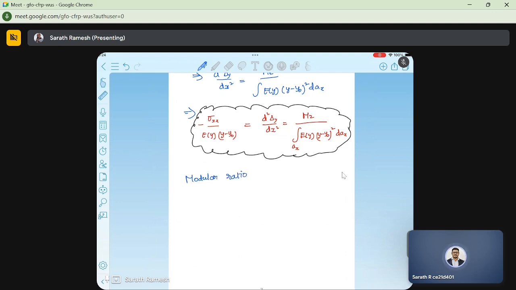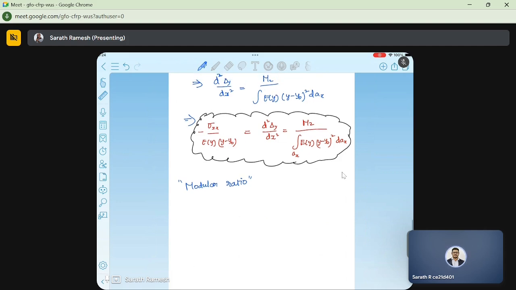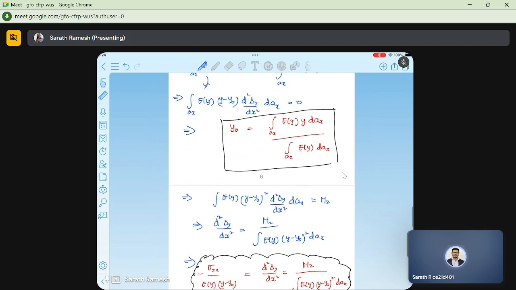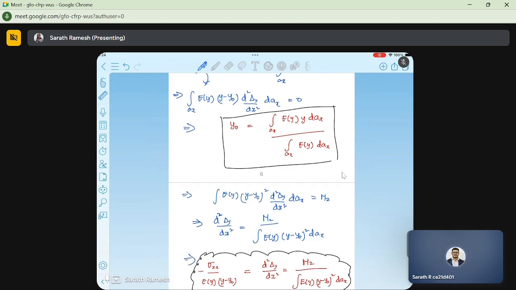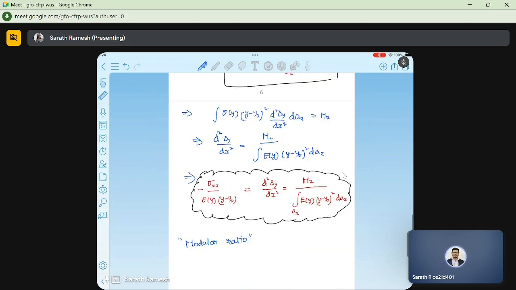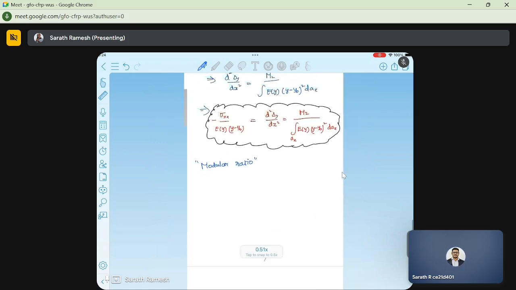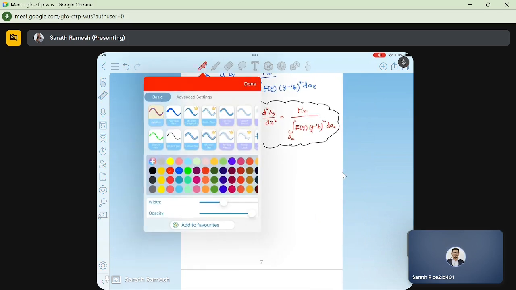So if you want to understand more, you can watch the weekly lectures. If you are using this integration in computing the centroid or the moment of inertia of a cross section, you will get the same expression.